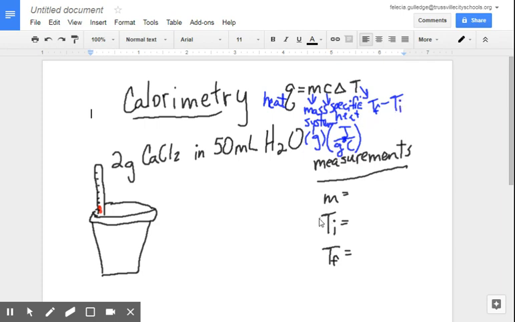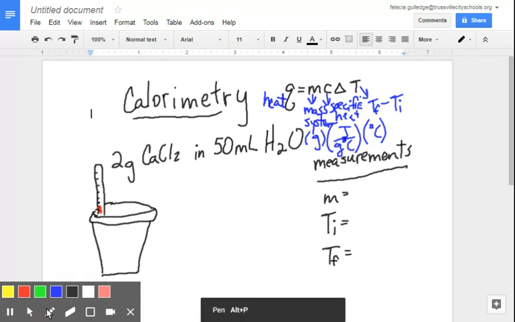So you'll be taking 2 different measurements, one for initial temperature, one for final temperature, in order to calculate delta T. When we find these temperatures, we need to keep them in degrees Celsius so we can make sure that these units cross out.